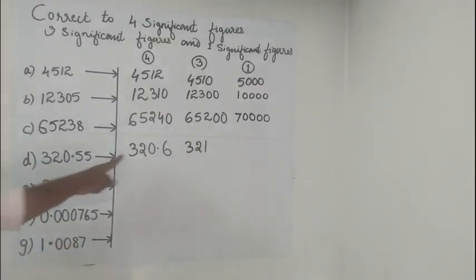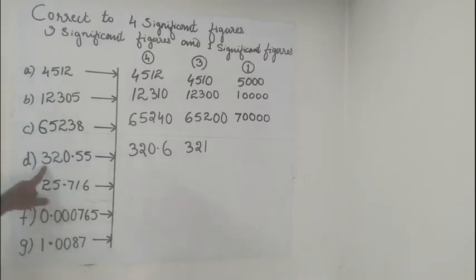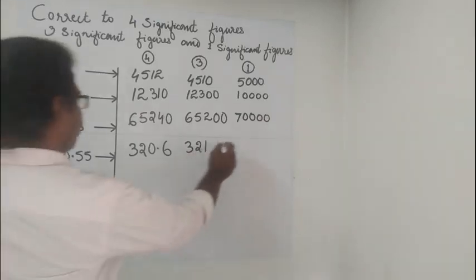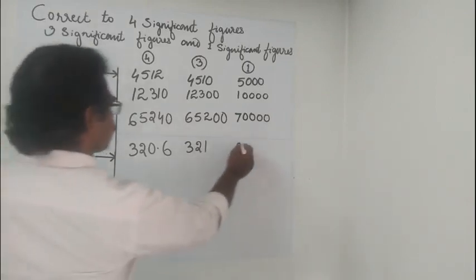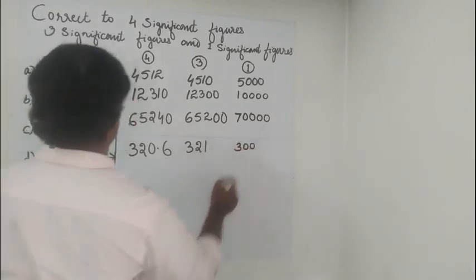Next 1-digit number. So we have to focus on 1. Here is the whole number part. This is the decimal number part. So we have to focus on 1 digit number. So put 3 here. After that, 2 zeros. This is the whole number part.